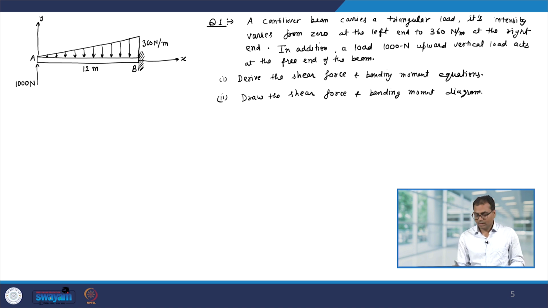It is also given that you can neglect the weight of the beam.